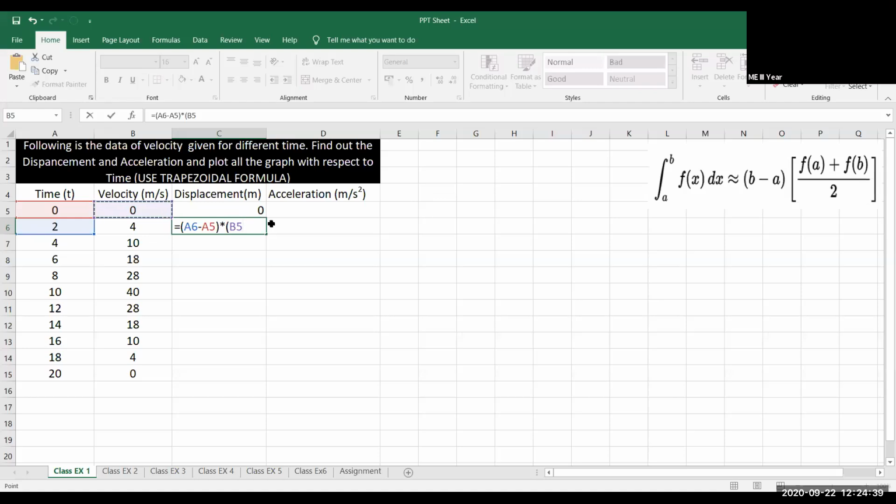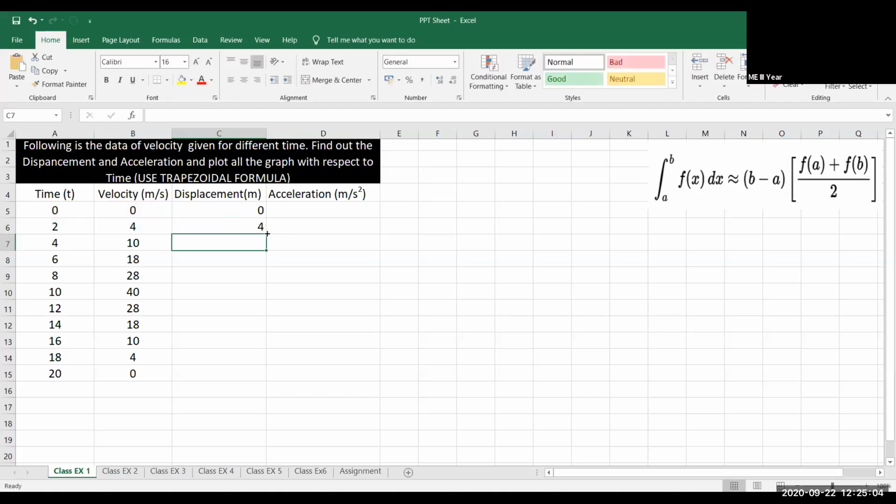So plus sign, this FB value. After that, close the bracket and divide by 2. In that place, I will multiply with 0.5. Is it correct now? Either you divide by 2, or 1 by 2, or multiply with 0.5. Same thing. So we'll get one value.